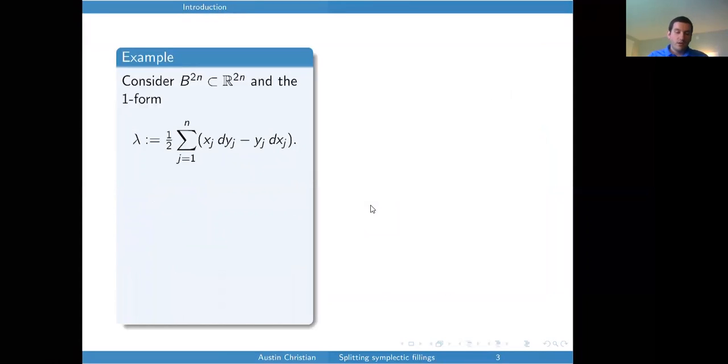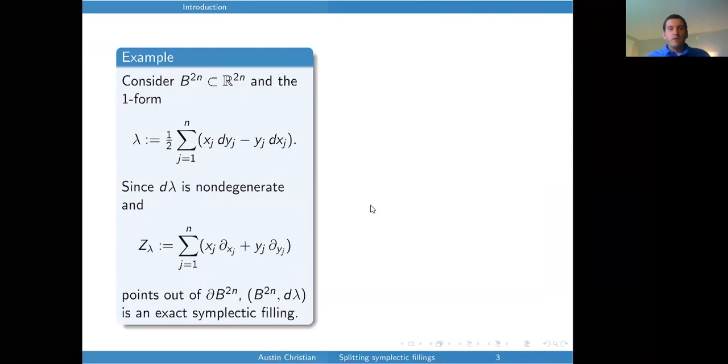We can consider a ball in Euclidean space of even dimension. And here's this one-form that I think of as standard. It's not the tautological Liouville form that you may be familiar with, but it's a pretty standard looking Liouville form. And if you take its derivative, you'll find that you have the standard symplectic form on R^2n.